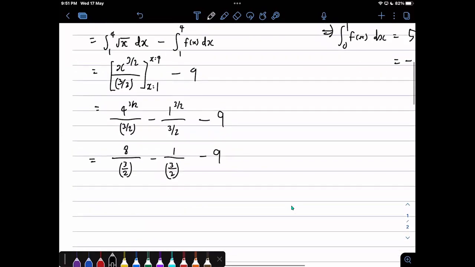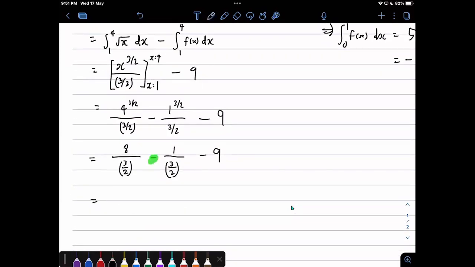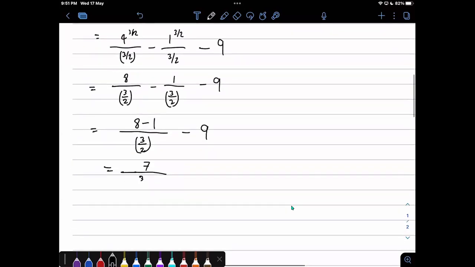Minus 9. When you want to minus a fraction, make what the same? Make the denominator the same. They are already the same, even though it looks a bit funny, improper fraction. Never mind, it's just 8 minus 1, all divided by 3 over 2, minus 9. This gives you 7 over 3 over 2. Then you can multiply top and bottom by 2. 2 and 2 cancel away.